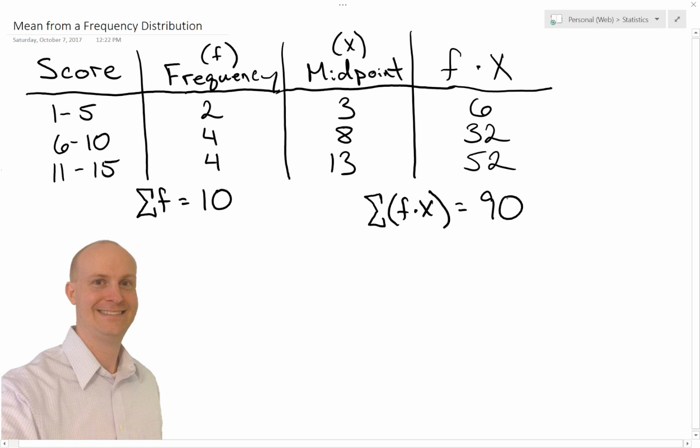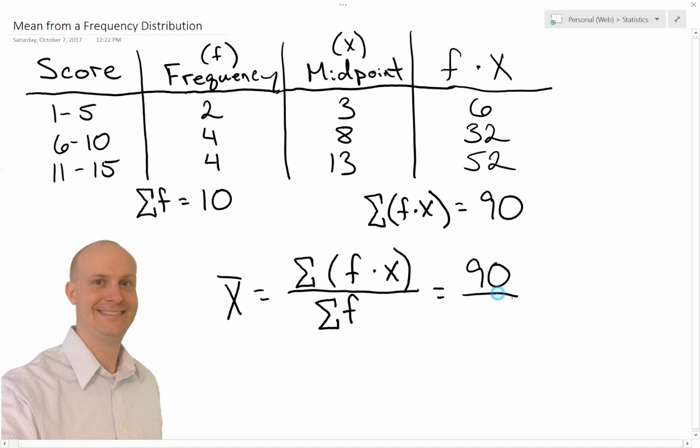And in order to find the mean of this distribution, what we're going to do is use the formula. So X bar is equal to the sum of F times X divided by the sum of F. That's going to equal 90 over 10, which is equal to 9.